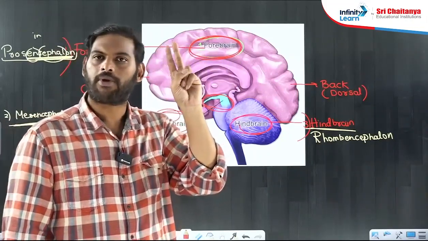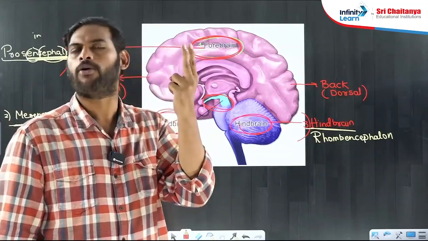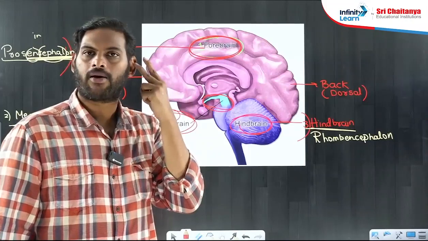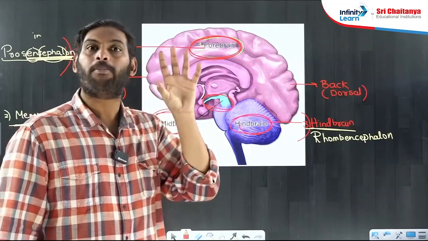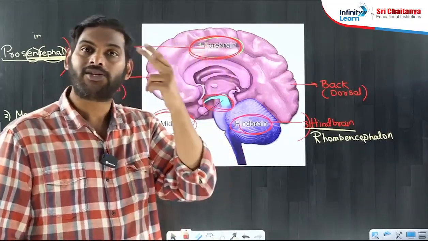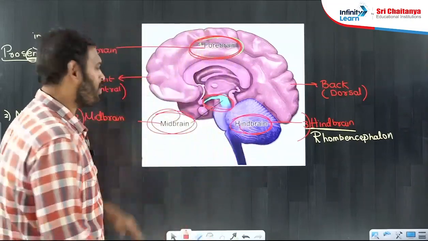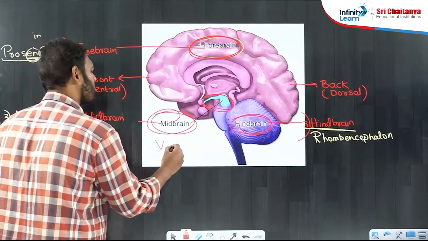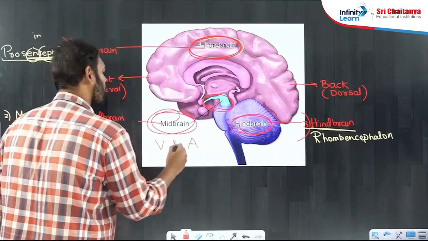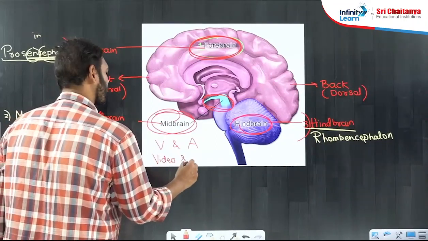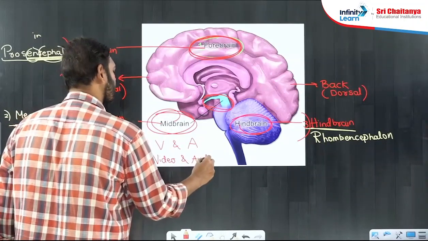Two colliculi help in better vision, optic lobes, and two colliculi help in better hearing, auditory sense. Therefore, the midbrain helps you to see and listen better. The midbrain helps you to look at good videos and listen to good audios. Therefore, video and audio lobe. That is the midbrain.